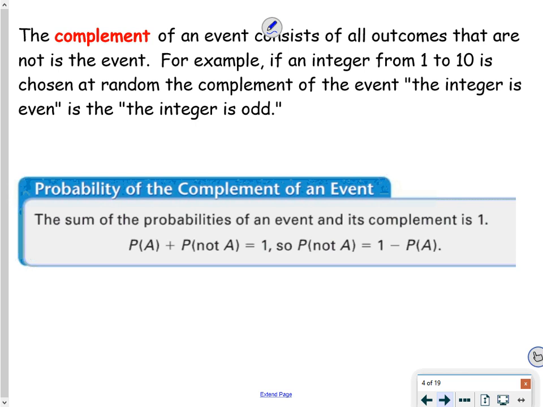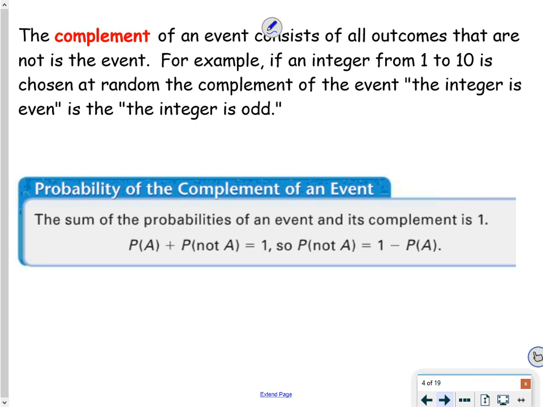So let's get going. The complement of an event consists of all outcomes that are not in the event. For example, if an integer from 1 to 10 is chosen at random, the complement of the event "the integer is even" is "the integer is odd." So it's just the opposite.